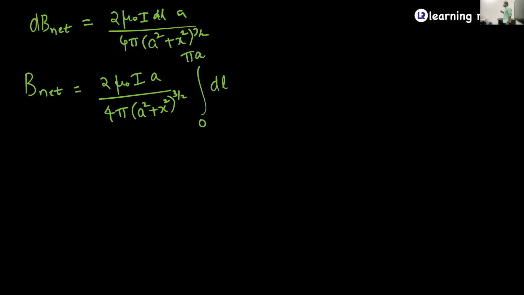Meaning the number of dLs you consider in a particular problem should be equal to the total value that you need to take. For example, if I had taken only one dL in this problem, I would have considered the limit from 0 to 2 pi A. Since I considered 2, what I did is I did 2 pi A divided by 2.